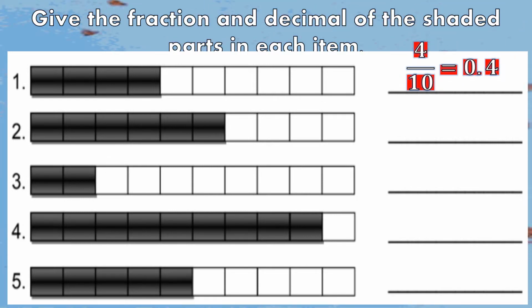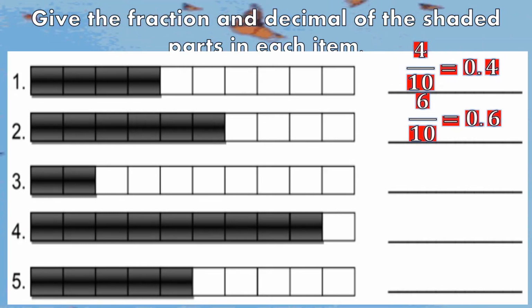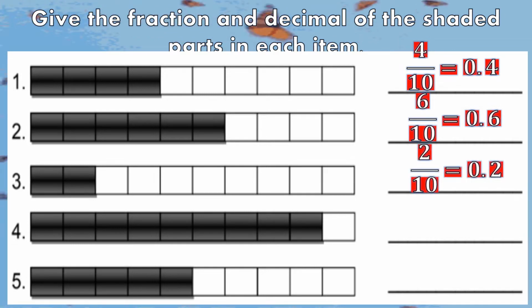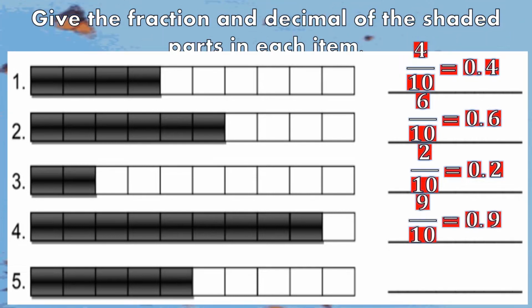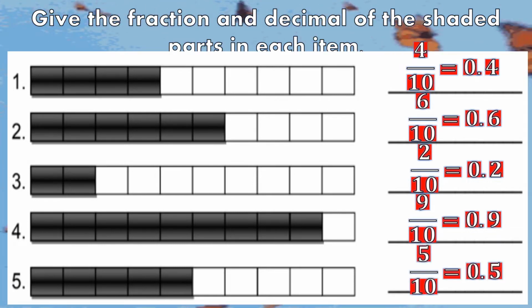In number 2, the shaded part is 6 over 10, or 0.6. Then in number 3, we have 2 over 10 or 0.2. In number 4, we have 9 over 10 or 0.9. Then number 5, we have 5 over 10 or 0.5.